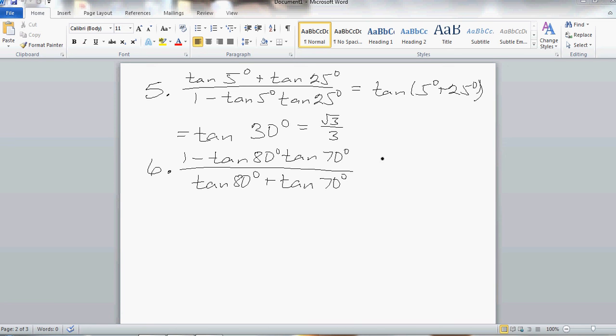So actually what this is going to become is the reciprocal of whatever we're dealing with. So the reciprocal of tangent is cotangent, and we are going to add these up, 80 degrees plus 70 degrees. Well, that becomes the cotangent of 150 degrees, and with a little bit of manipulation and understanding how cotangent's related to tangent and reference angles, so on and so forth, we get negative square root of 3.